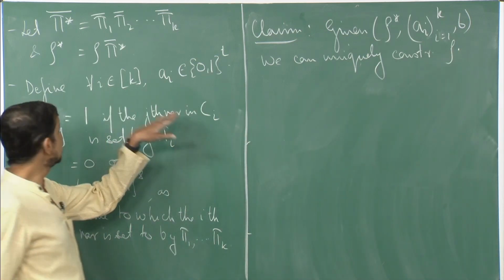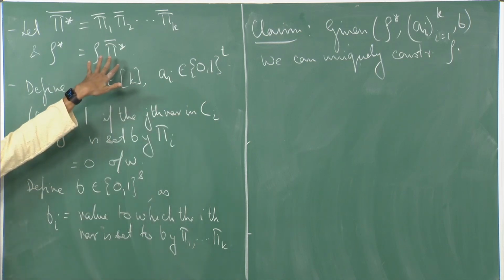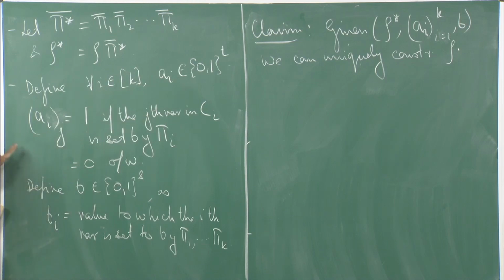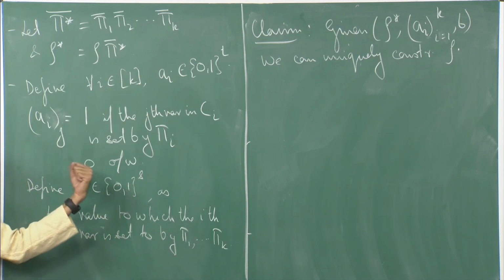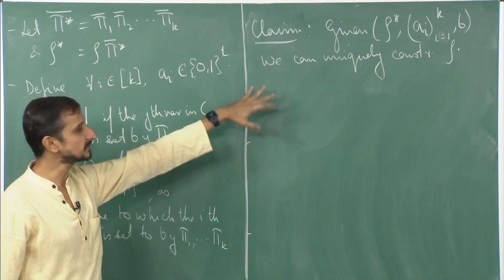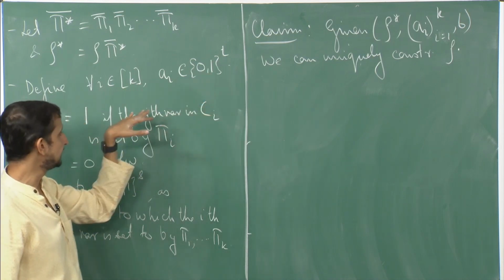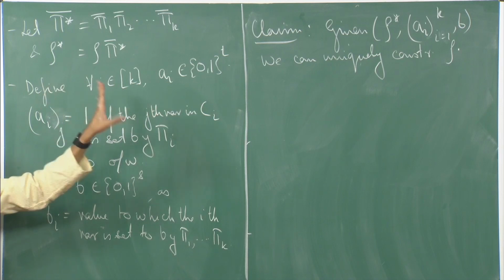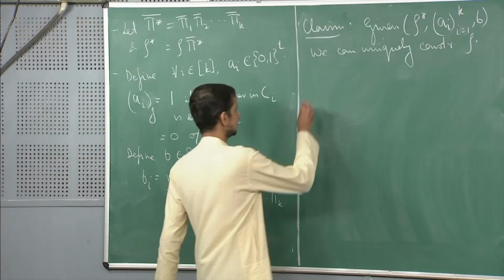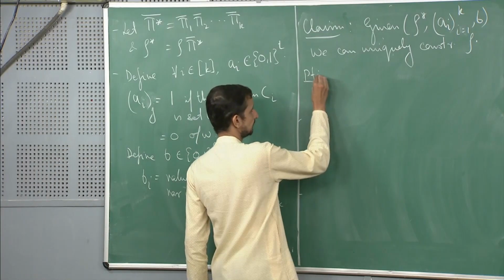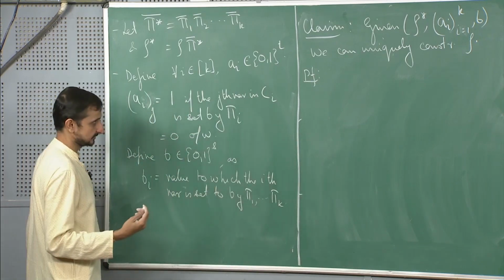So, if I am given this rho star, that is rho pi bar or pi star bar, and these strings a_i's and b, then I can uniquely construct my function rho, and not just rho, we will show that we can actually get all of these pi_i's and pi_i bars as well from this. So, this proof is actually easy, it follows by our construction.